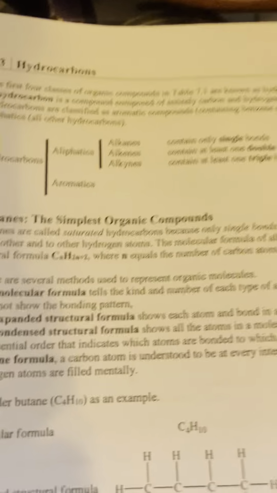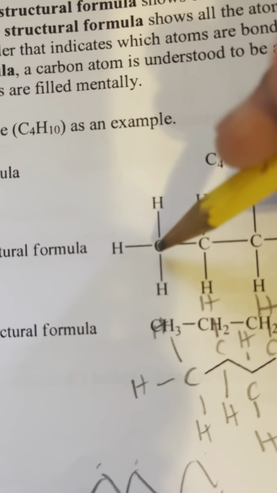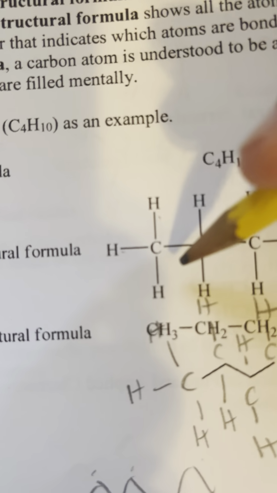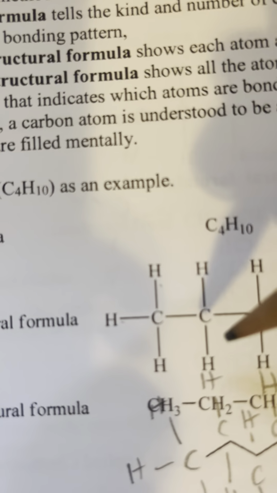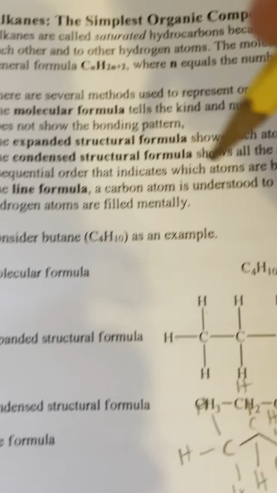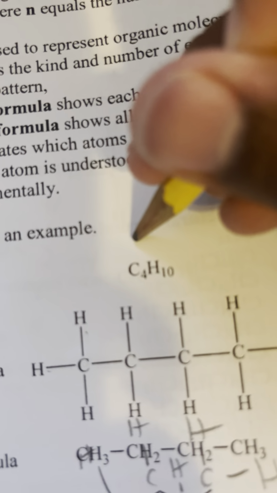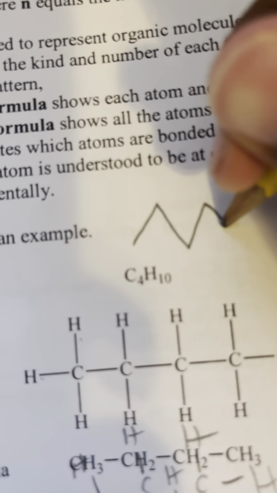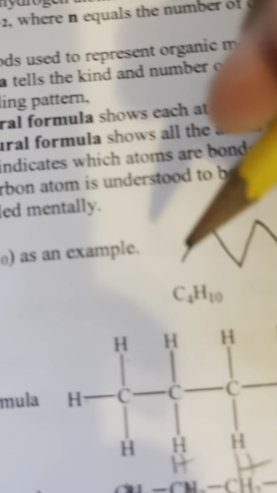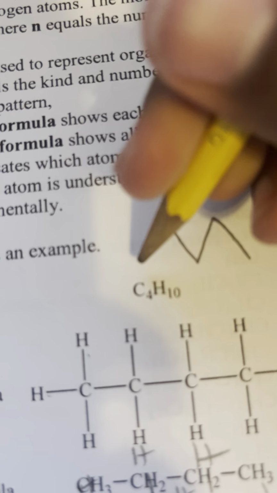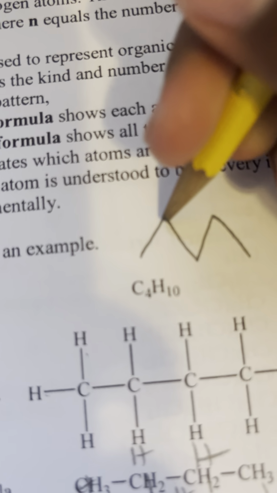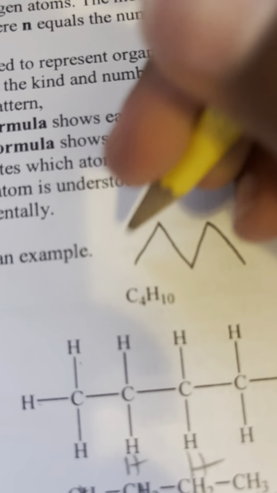If you look here, you see this carbon, it's bonding with 1 atom, 2 atoms, 3 atoms, 4 atoms. And then when we're looking at a line formula, how to understand a line formula, each dot is a carbon atom. So each end and each pointy part is a carbon atom.